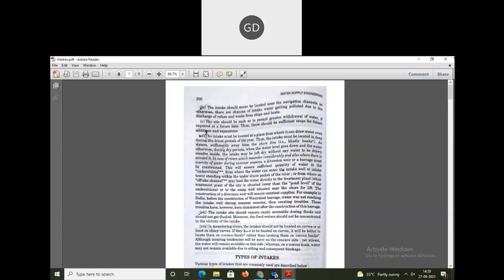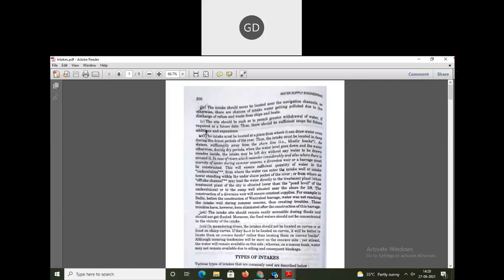Wherever there are navigation channels, there are ships and boats, and they may discharge refuse or waste into the water. So there is a maximum possibility of the intake water getting polluted. Therefore the intake should not be located near navigation channels.